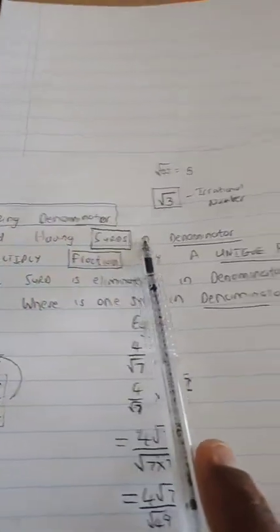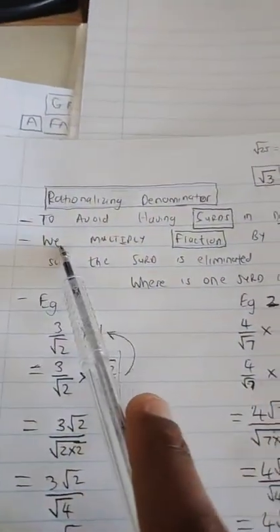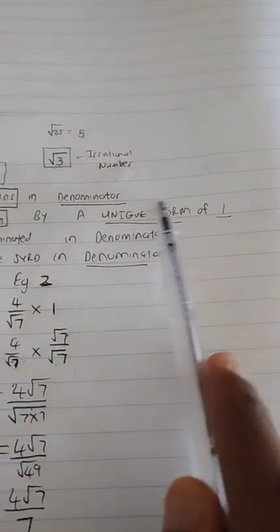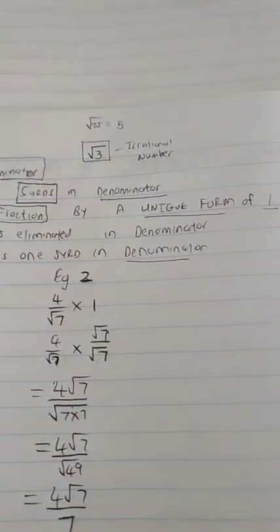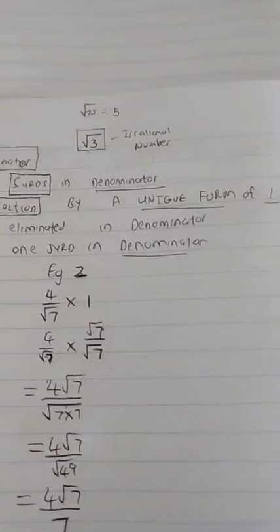Let me just recap again. To avoid having surds in the denominator, because in maths, that is a common maths practice. We avoid having surds in the denominator. We do that by multiplying a given fraction by a unique form of 1. Because as you said, cool Chris, a number multiplied by 1 is that number.